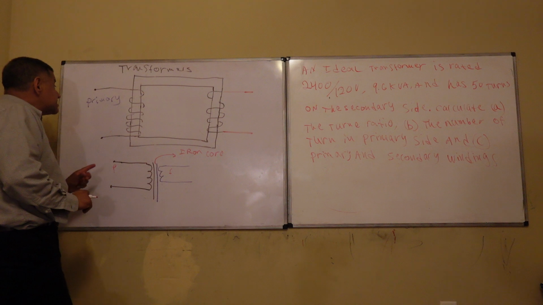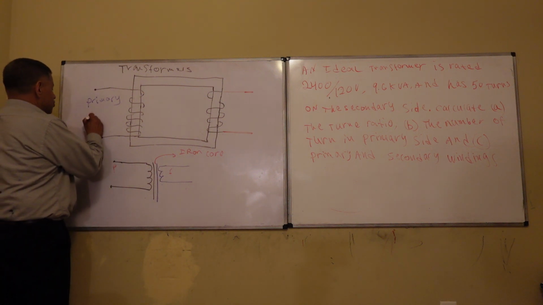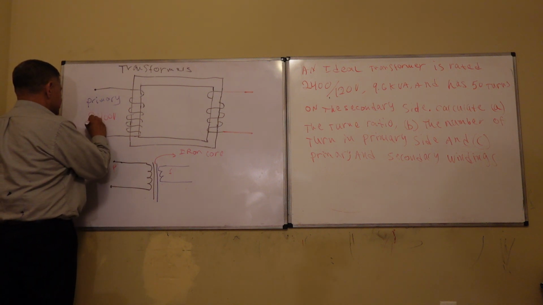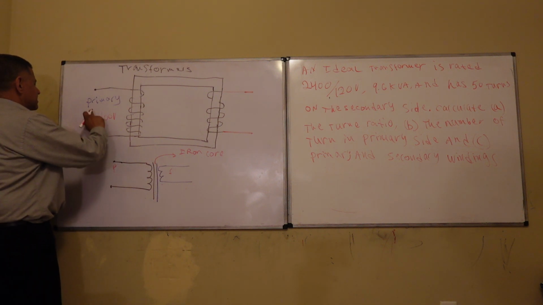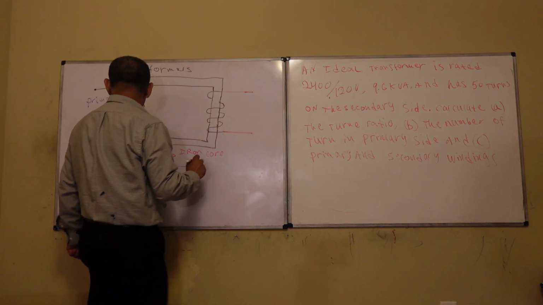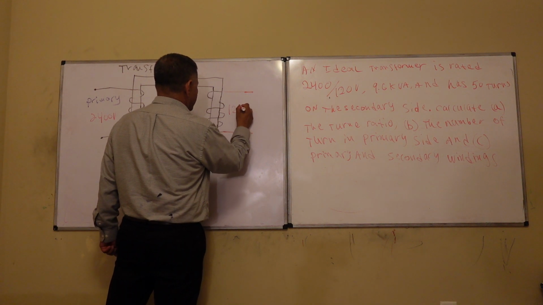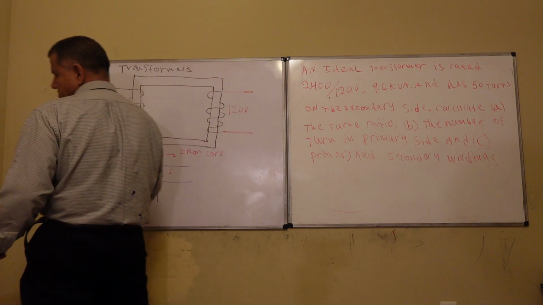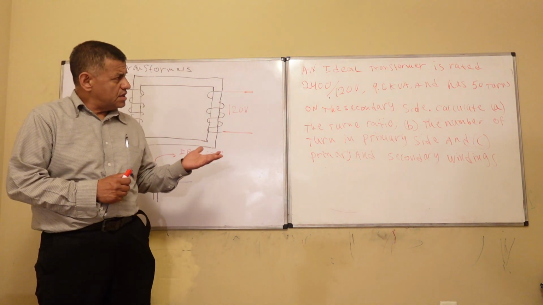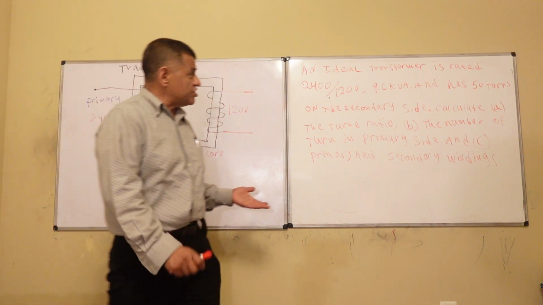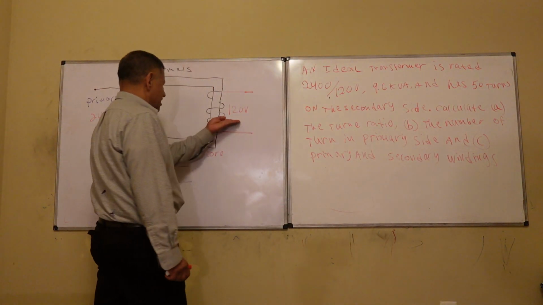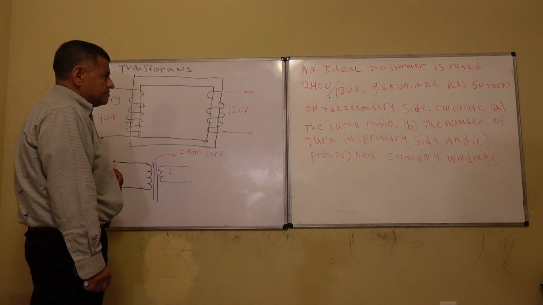In this case, the primary over here has 2400 volts, and over here we have 120 volts. So we have the information, and we have the secondary turns, that is 50, over here.